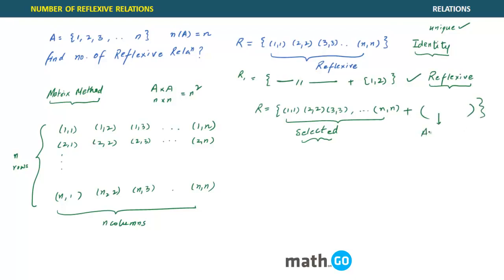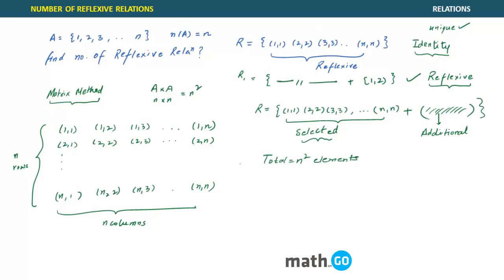This is additional. So how many options can I pull in this particular space? How many ordered pairs can I put over here? Then this will also be a reflexive relation. So if you see how many different relations are available, there are a total of n squared elements.